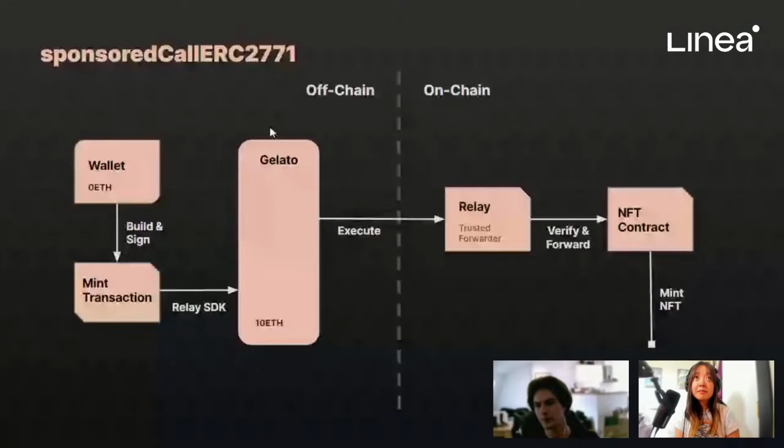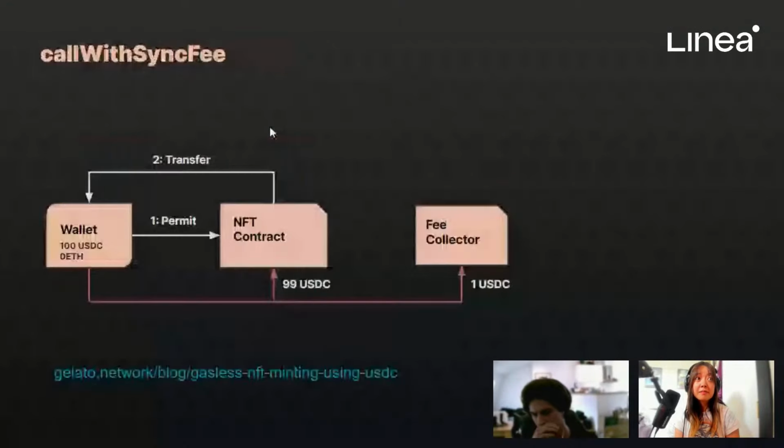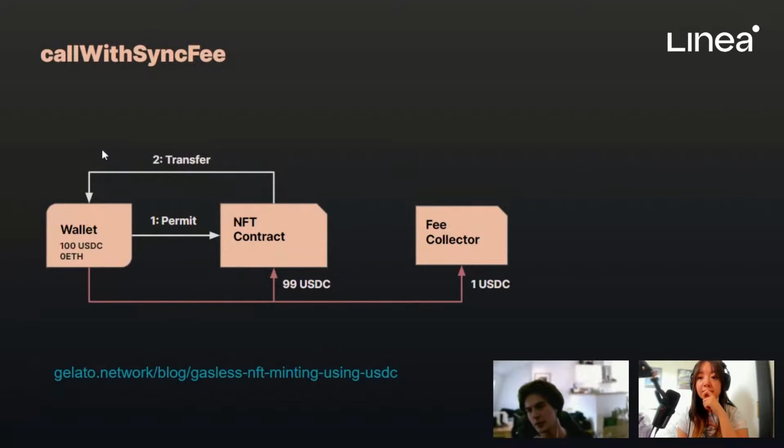So one very simple use case, just to clear up any confusion, is gasless NFT minting using an ERC20 permit token, for example USDC. This example is simplified a little, but in this case we're using callWithSyncFee. So it's a self-paying transaction. For example, let's imagine the user's wallet has 100 USDC, but it doesn't have any Ethereum.